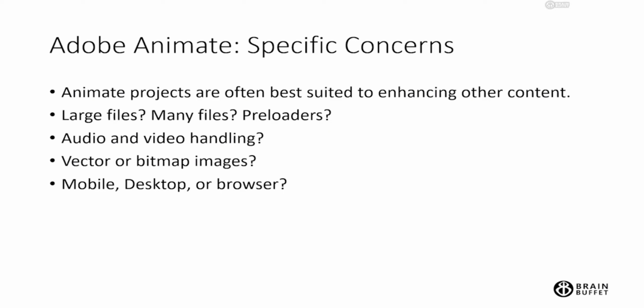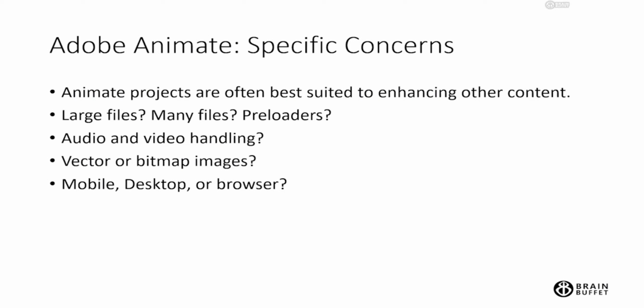There are some Animate specific concerns to be aware of, though. Animate projects themselves are often best suited to enhancing other content. Consider whether you're dealing with large files, many files, if you need preloaders for the project. How are you going to handle audio and video within your project?